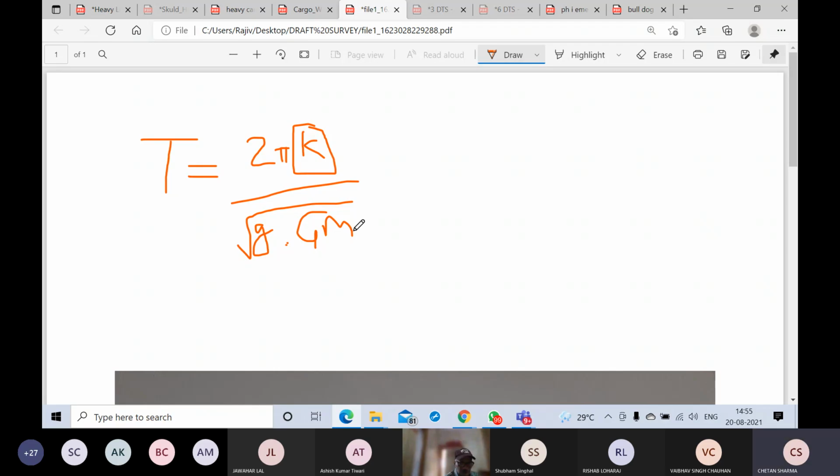And M, of course, is a fixed point. So your GM becomes very large, and consequently your T is very small. Steel cargo ka.